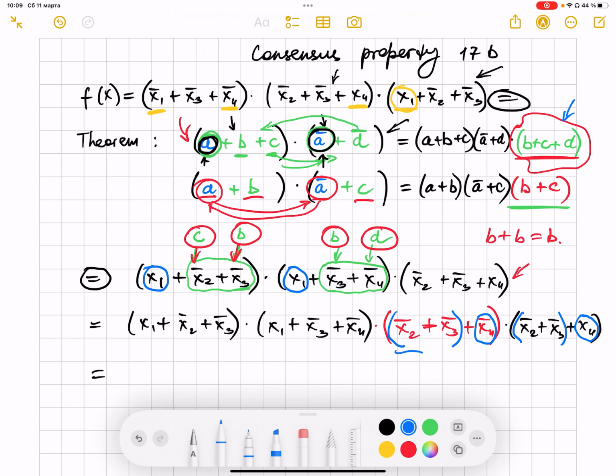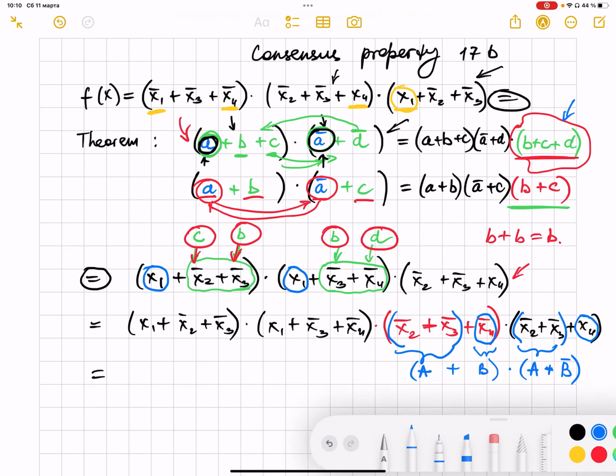Let's say x2 bar plus x3 bar is a, and x4 bar is b. So x2 bar plus x3 bar is going to be a, here the multiplication, and just x4 is going to be b bar, because x4 bar is b.